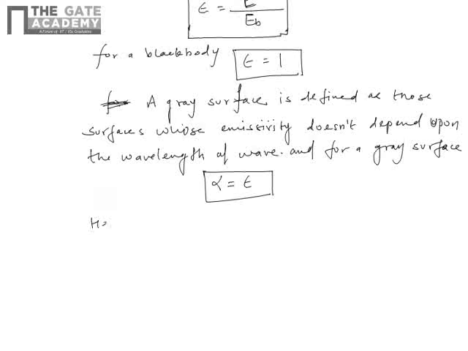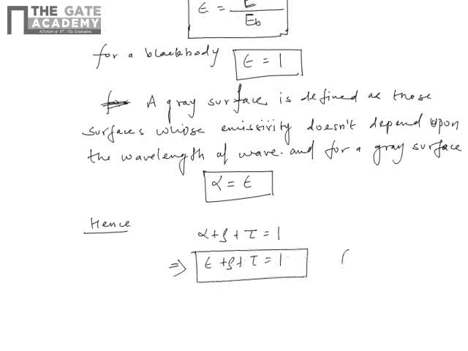Hence, alpha plus rho plus tau is equal to 1 can be written as epsilon plus rho plus tau is equal to 1 for gray surface.